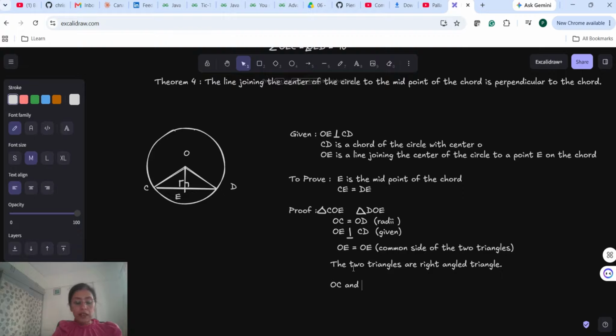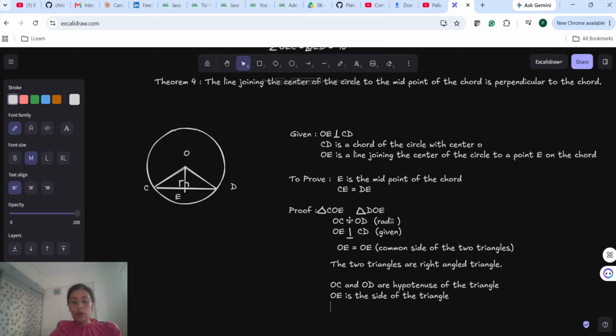OC and OD are the hypotenuse of the triangles, and OE is the side of the triangles.